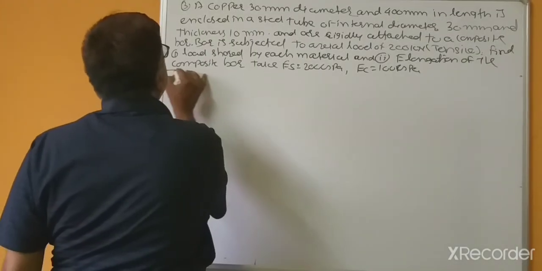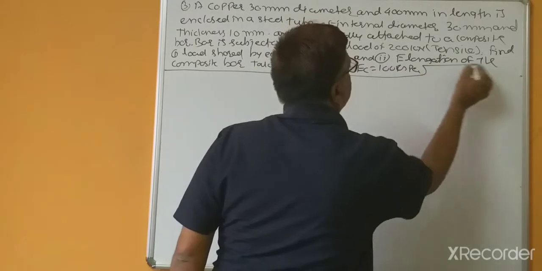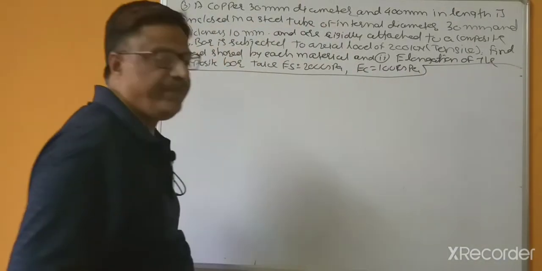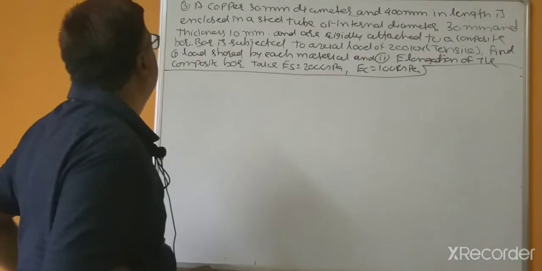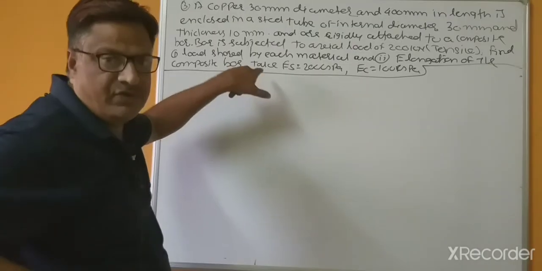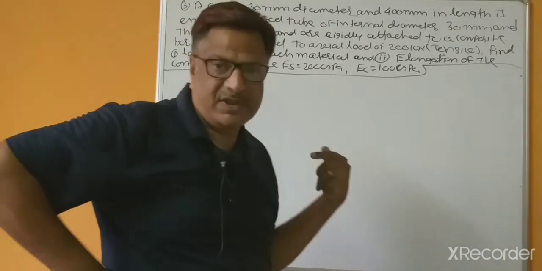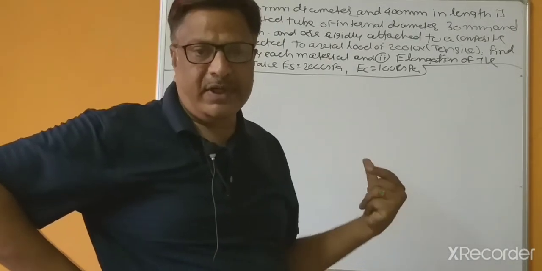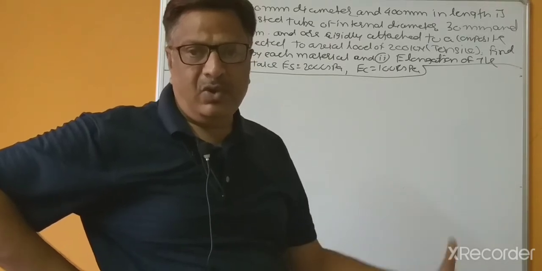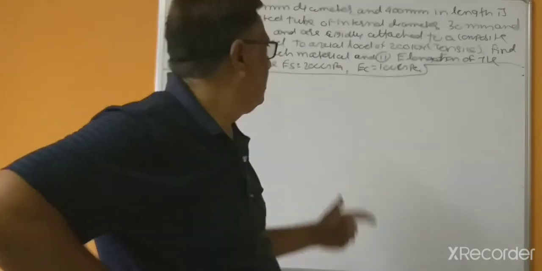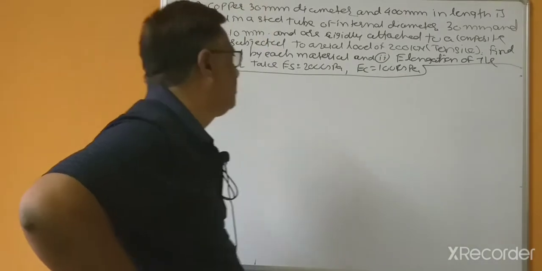Otherwise, you can ask me freely. In this problem there is one more step because of the load shared. First we calculate the stresses induced in both materials, then the load shared by each material, and after that the elongation of the composite bar.